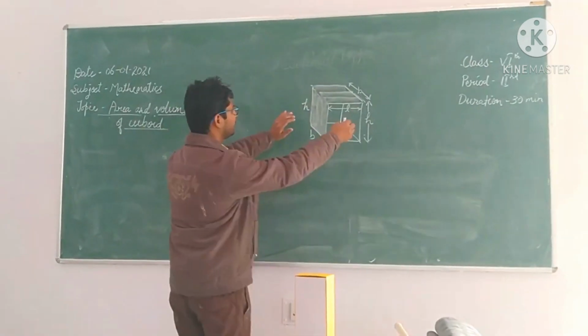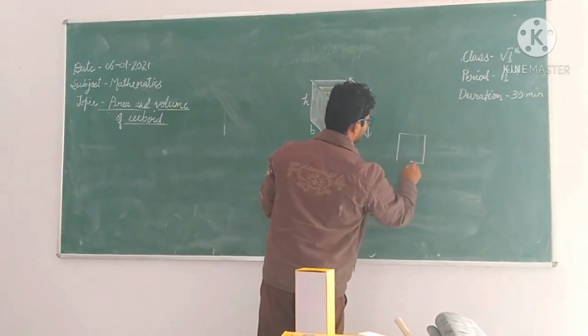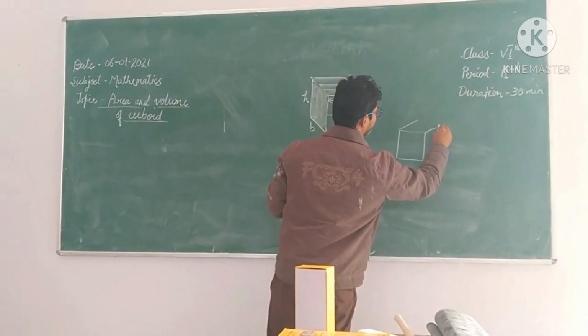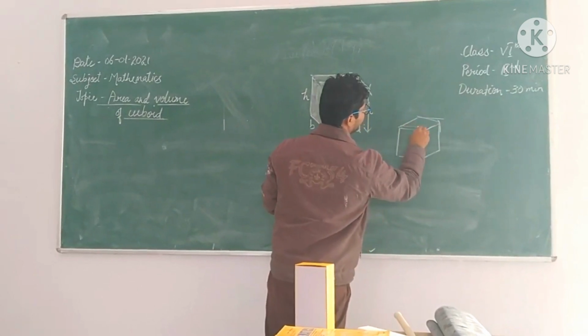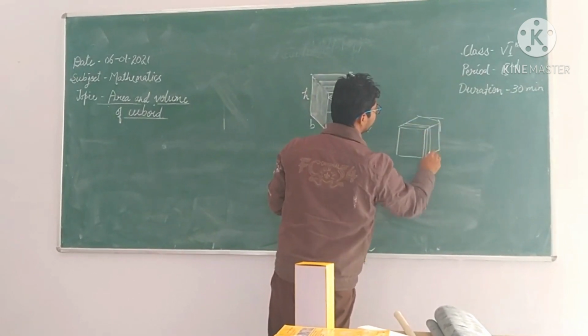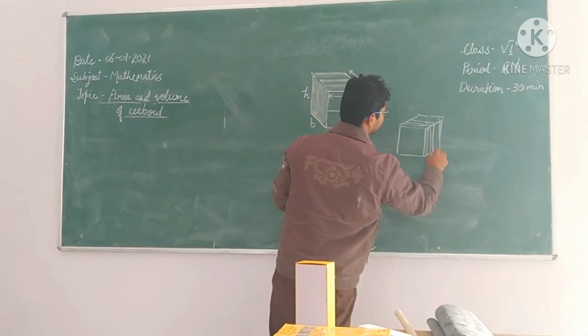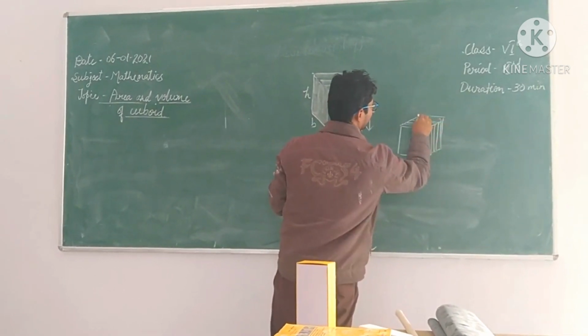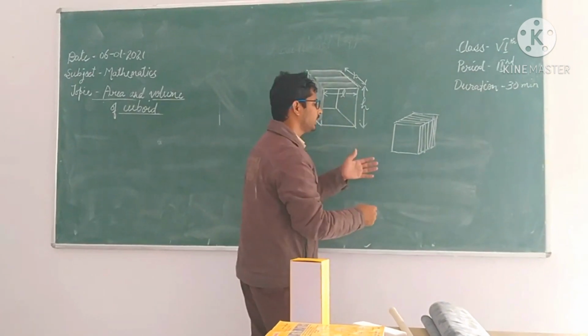And in a cuboid, many pages are there, like one page, 2 pages. So how do we find the volume of this cuboid?